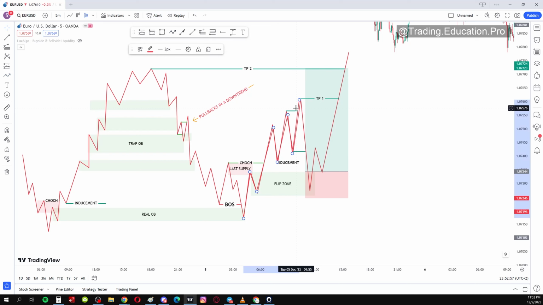Then we wait for a break. We look for the inducement, and we look to enter a trade on an OB below. And same was here. This OB was valid only because we had this inducement above.